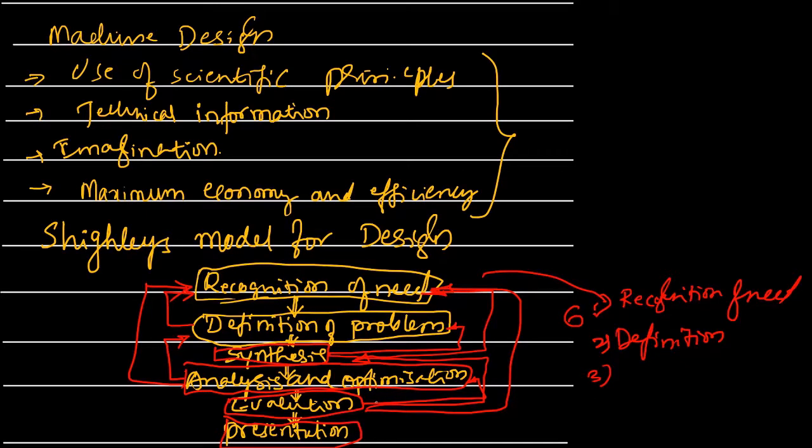The third one is synthesis. The fourth is analysis and optimization. The fifth is evaluation. And the sixth is presentation. You can refer to any book for this, Shigley's Machine Design, which has the flow chart or steps in design of machine elements.